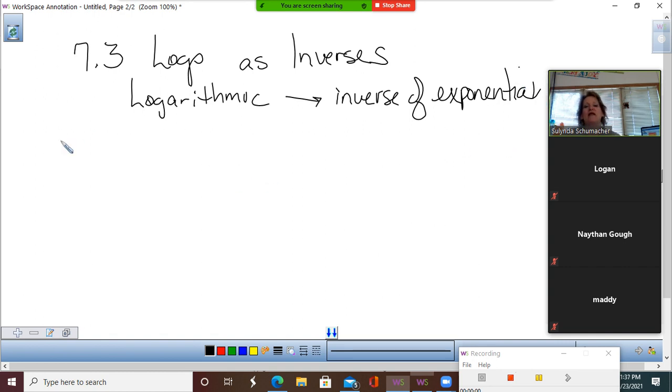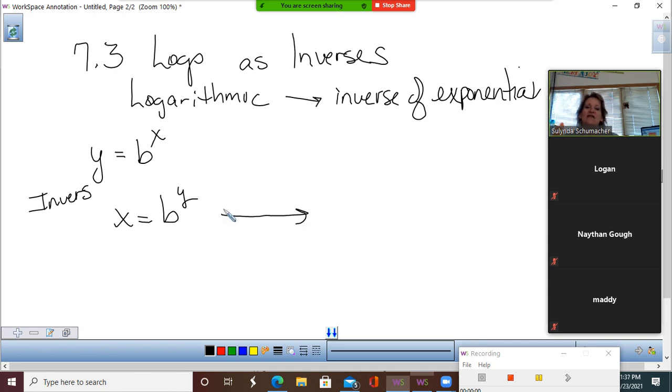So remember that an exponential was always y equals ab to the x, right? So I'm going to write it as b to the x, assuming that a is 1. If I'm doing an inverse of that, we switch x and y around. So I get x equals b to the y. The inverse to that is actually a log function.